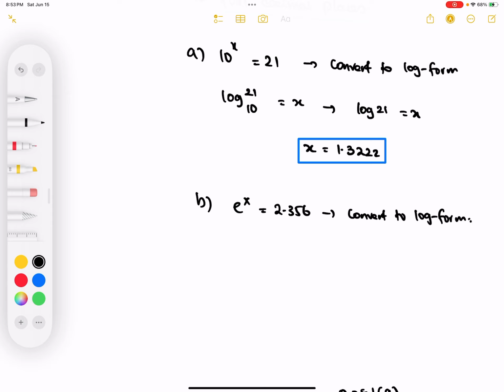The log form is logarithm of base e of 2.356 equals x. On your calculator, logarithm of base e is ln, so x is ln of 2.356.